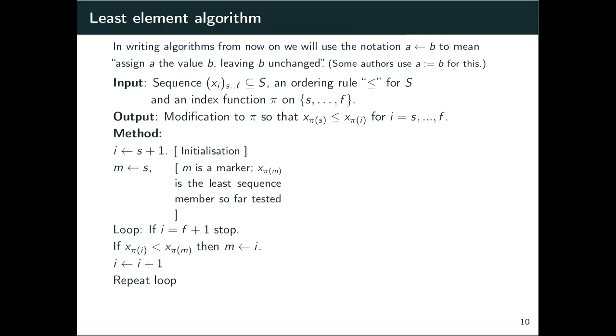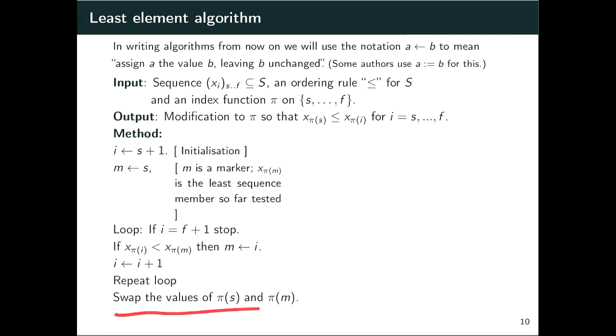So this is exactly what I went through on the previous slide, but it's just written in pseudocode, and maybe the abstraction is difficult to get your head around, but if you work through it and compare it to examples, then it should be okay.